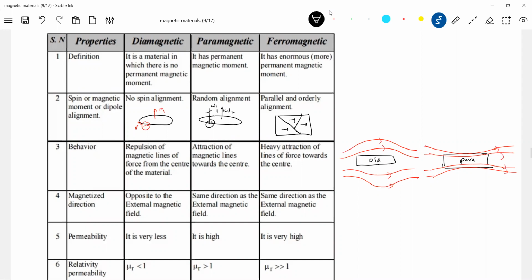And when it is a ferromagnetic substance, more lines of force will pass inside than outside. Suppose there's a magnetic field.